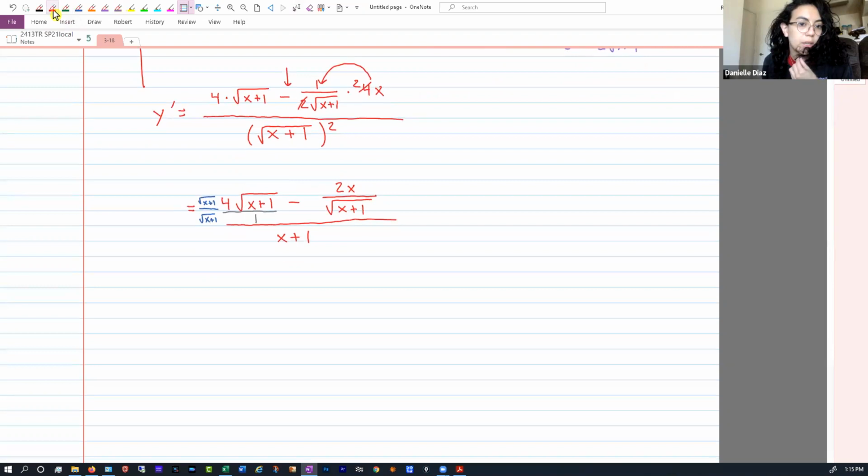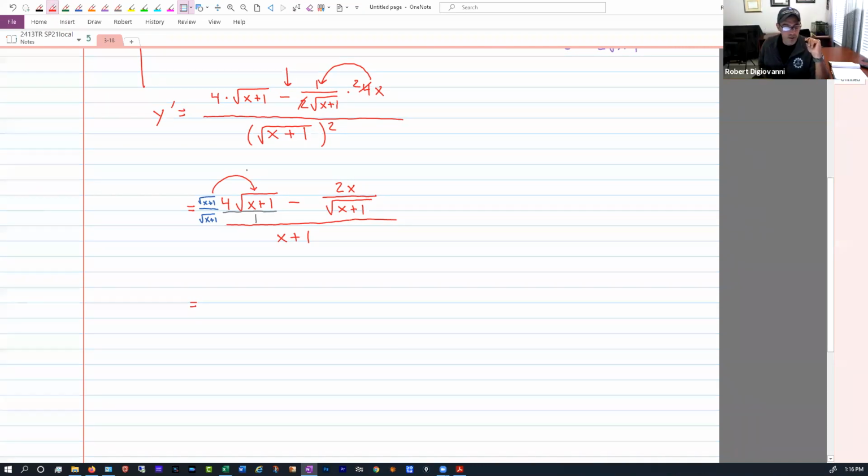And then the top would cancel each other out, right? The square root and the square root of x plus 1, it would turn it into something else. Yeah, when those two hit each other, you basically have the square root of x plus 1 times itself squared. So the square root goes away, right? But you still have the 4 in front. So you'll have the 4 and you'll have x plus 1. That is this right here.